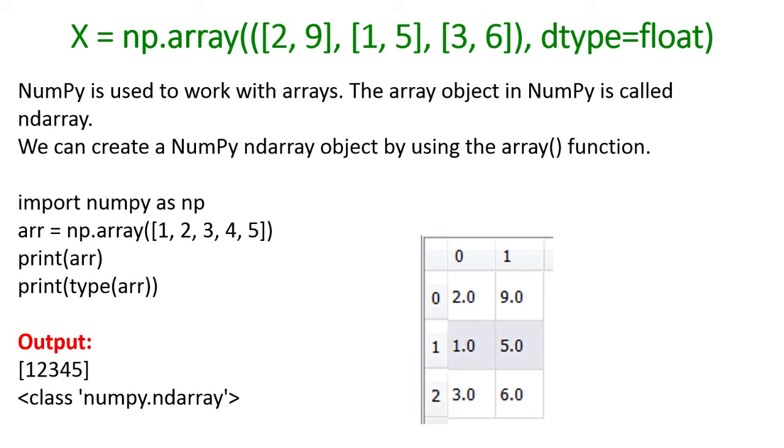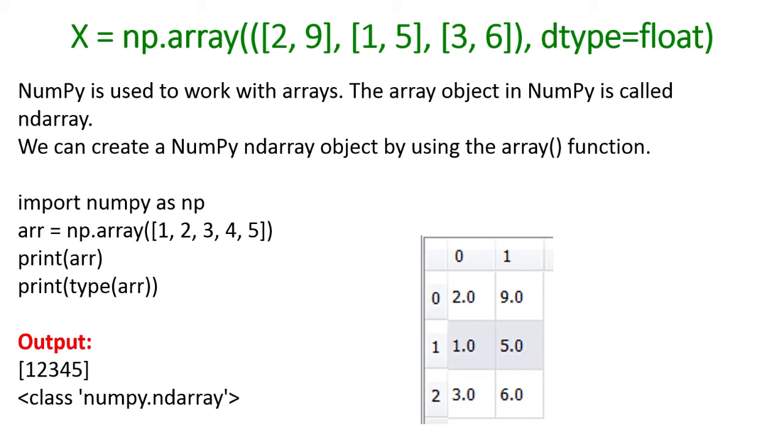We can create a NumPy ndarray object by using the array function. Consider an example to show this. Import numpy as np. arr is equal to np.array and the input values are 1, 2, 3, 4, 5.